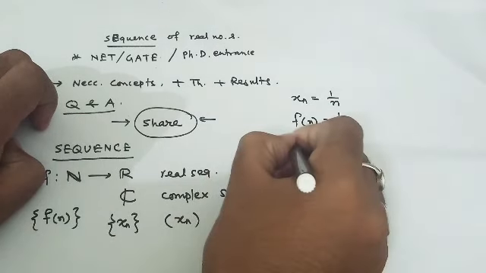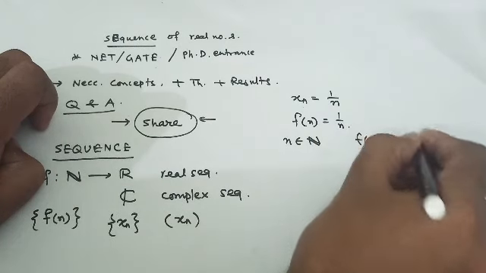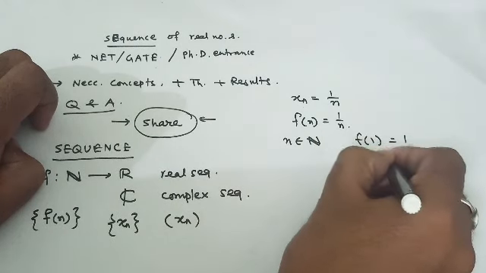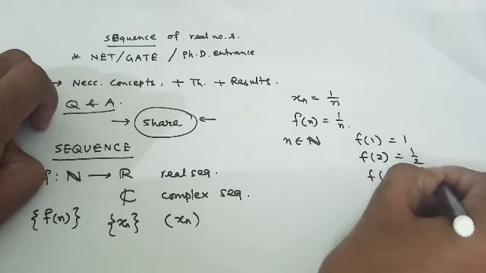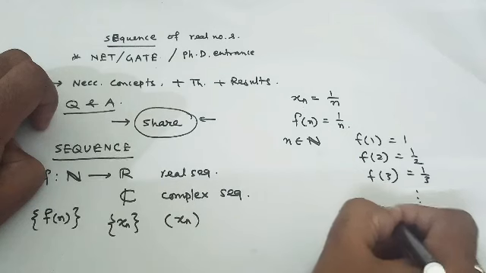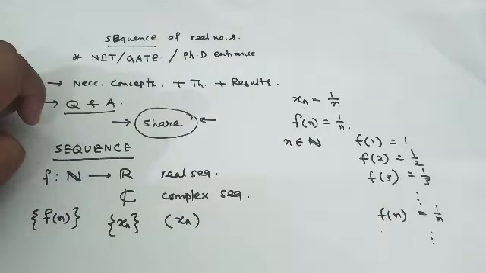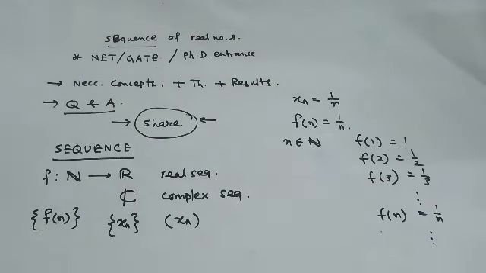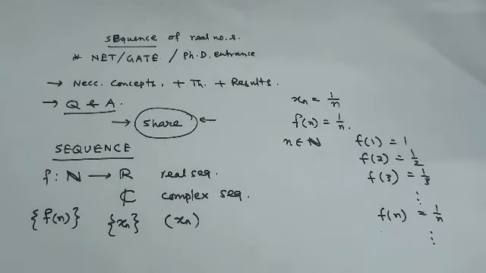For n belonging to capital N, look at what you have: f1 as 1, f2 as half, f3 as 1 by 3, and so on, fn as 1 by n. So this is the complete picturization of this sequence. All these elements you have in R, but the input you have from N. This is the basic notation, you can say.